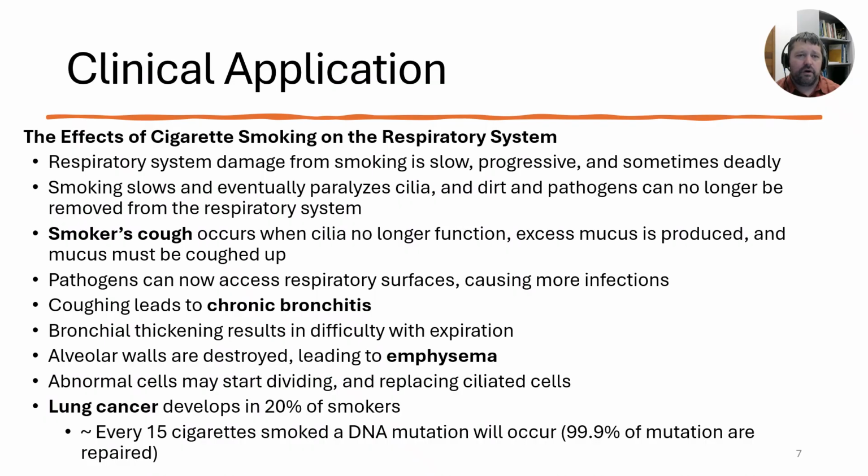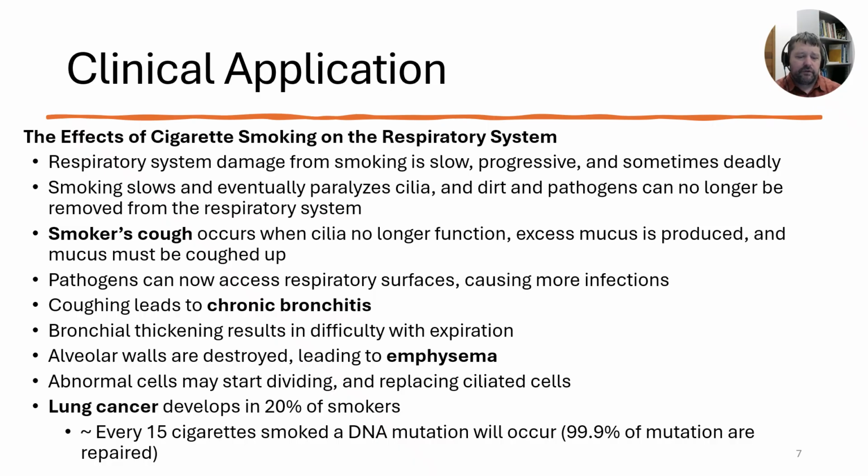On average, based on plenty of research with things like mice and whatnot, we know that about 15 cigarettes, let's just say a pack a day, and you'll develop one DNA mutation.